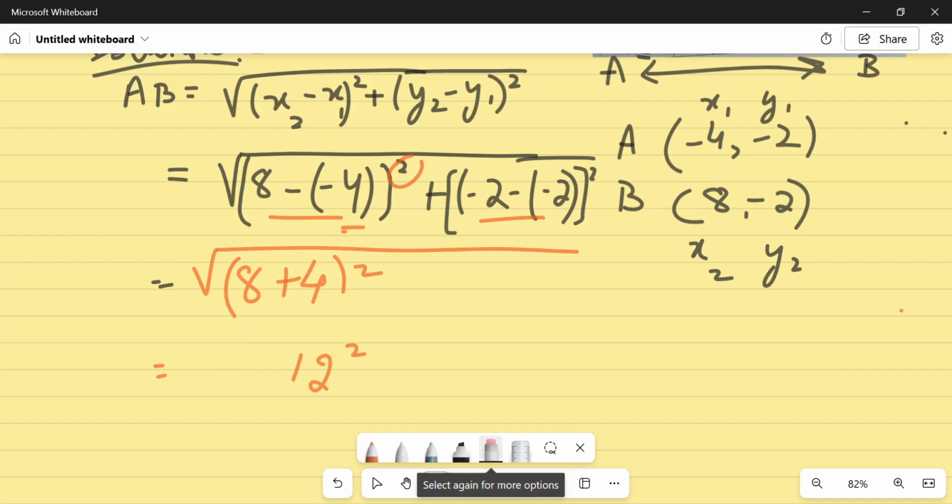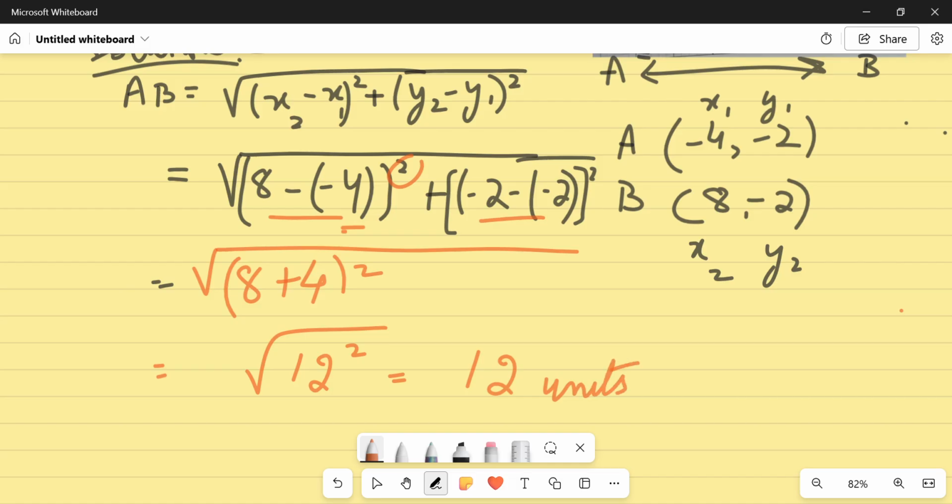The square root of 144 is 12. So the length of AB is 12 units. We have found AB equals 12.